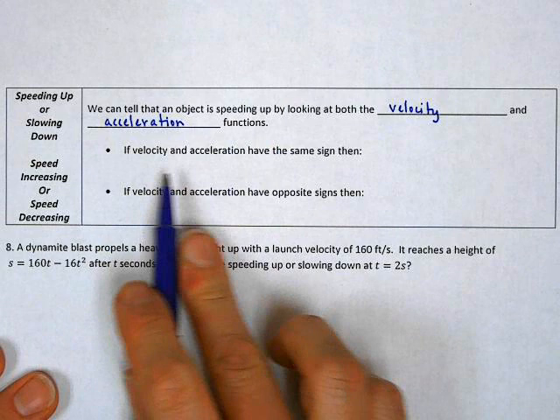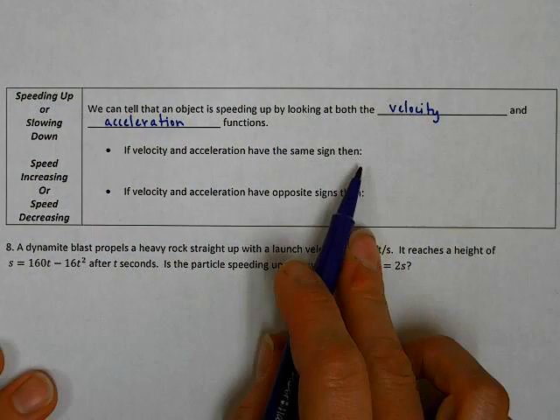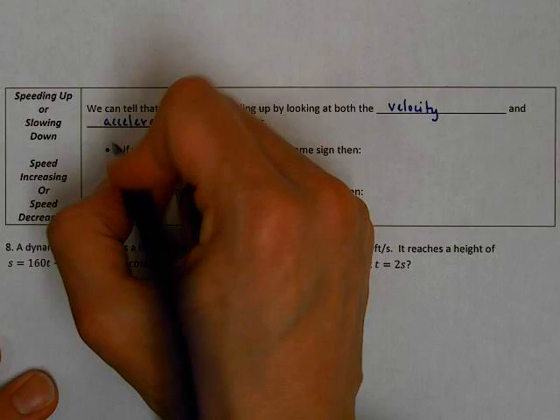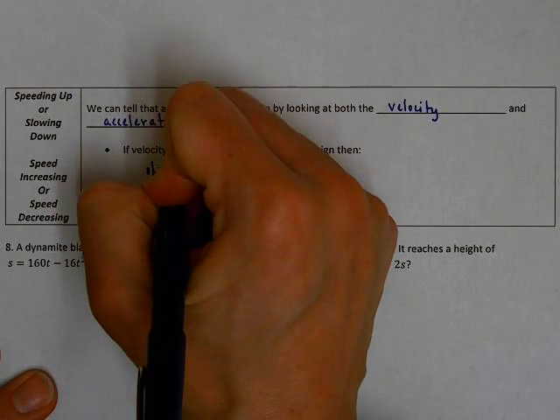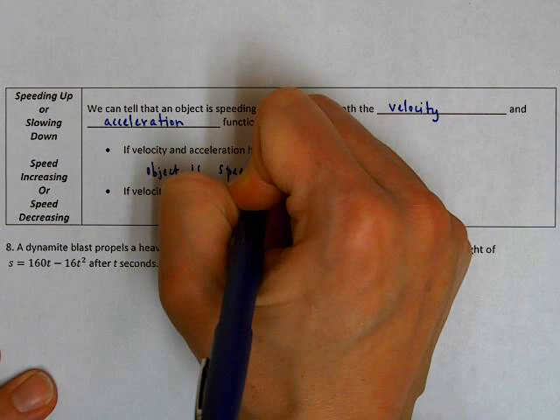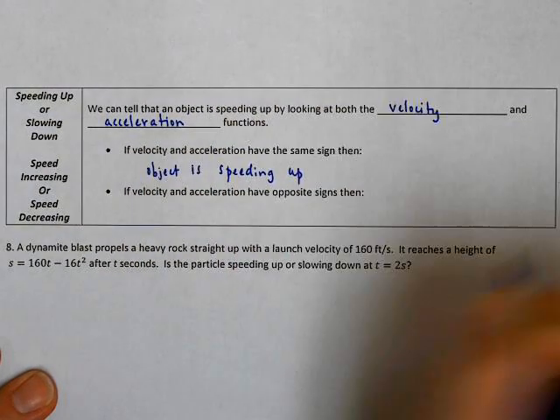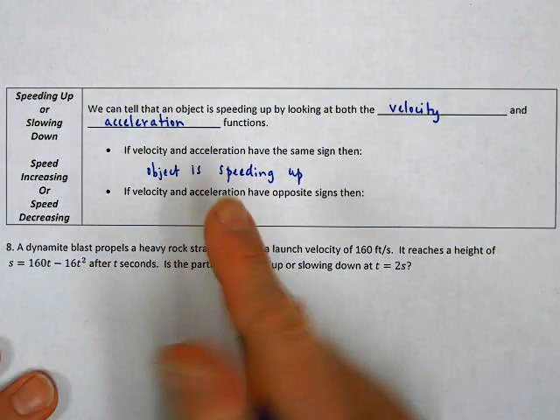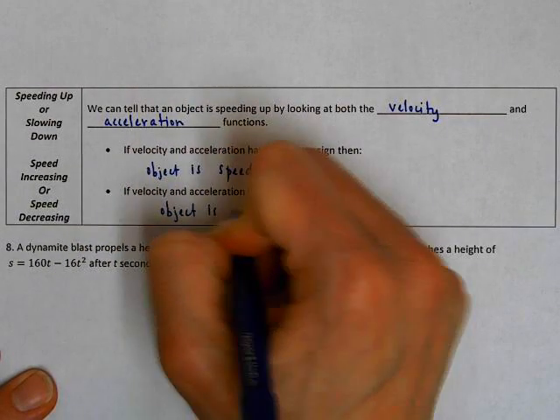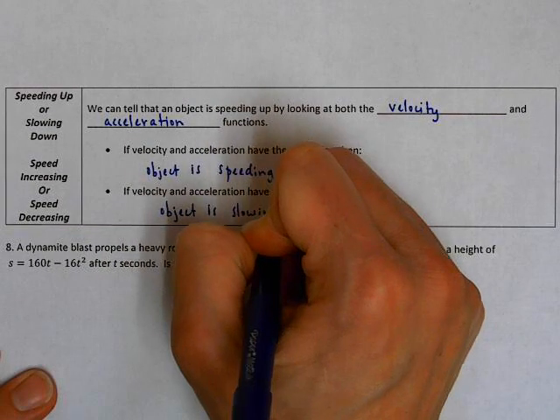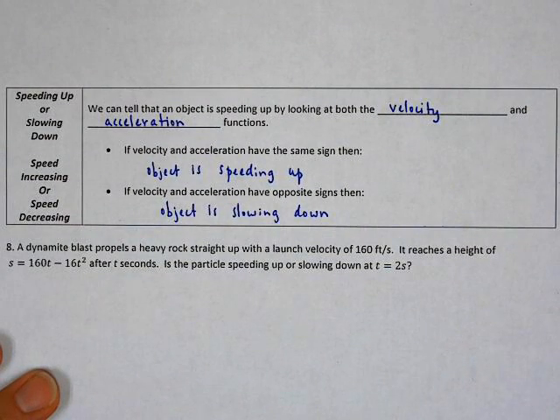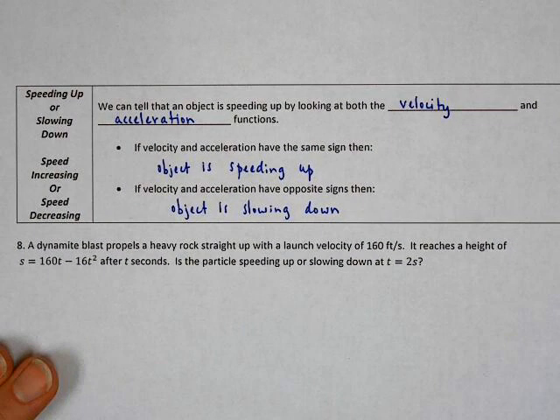So if velocity and acceleration have the same sign, so both positive or both negative, then the object is speeding up. However, if they have opposite signs, then the object is slowing down. So we need to take both of those functions into account.